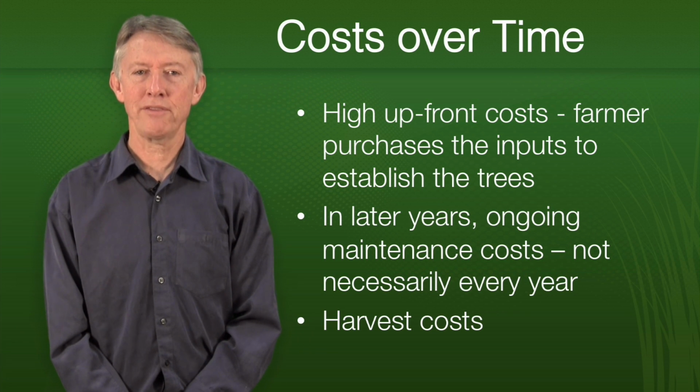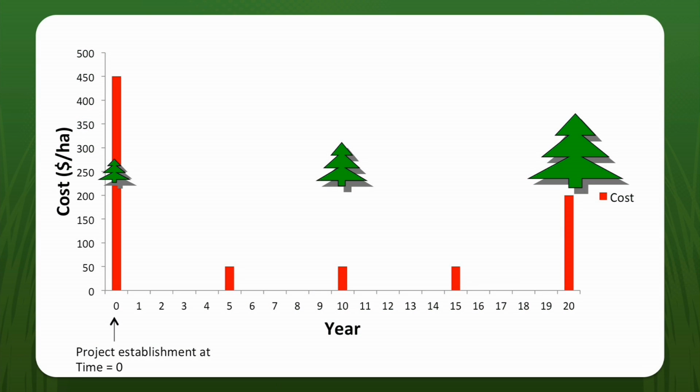So let's look at the graph. We've got a big cost at the beginning, smaller costs every so often for maintaining the project, and then a moderate cost at the end, in this case due to harvesting the wood, but it may also be, in other types of projects, the cost of disestablishing a project, for example, dismantling it.